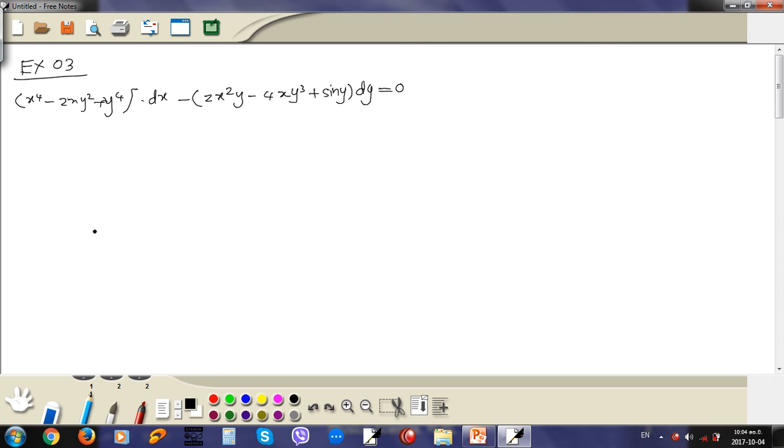First we have to check whether the equation is in the given form. Yes, so we can compare.